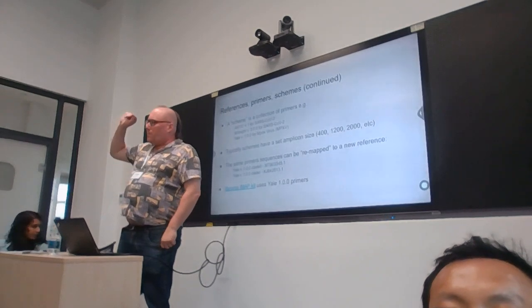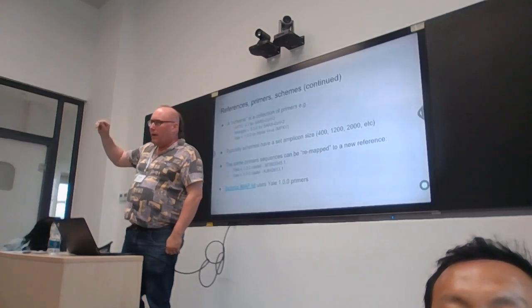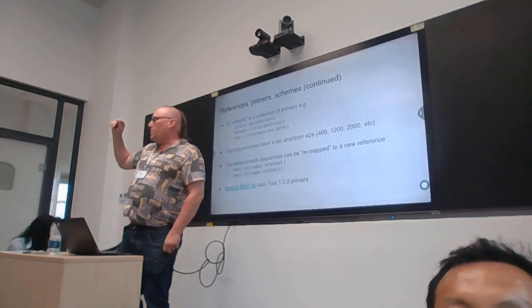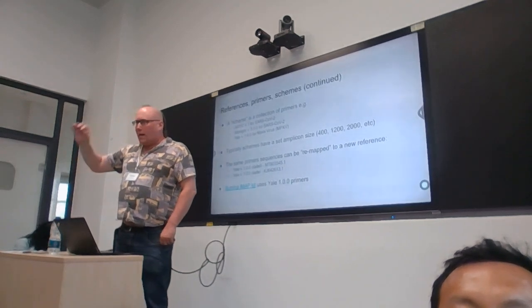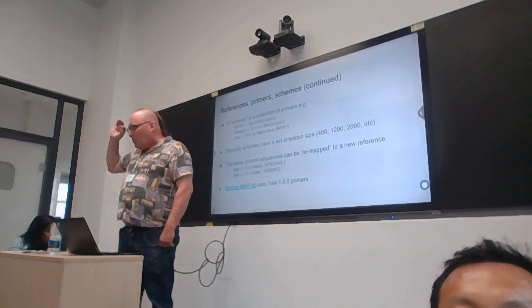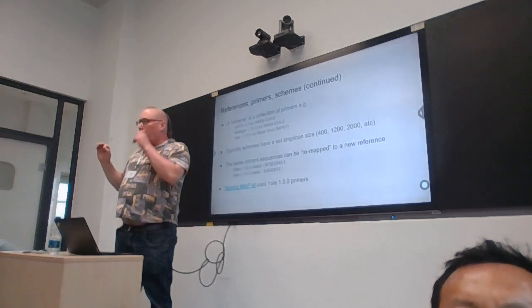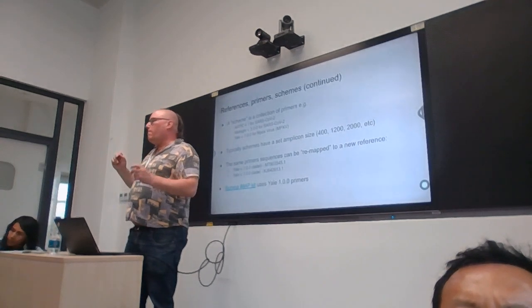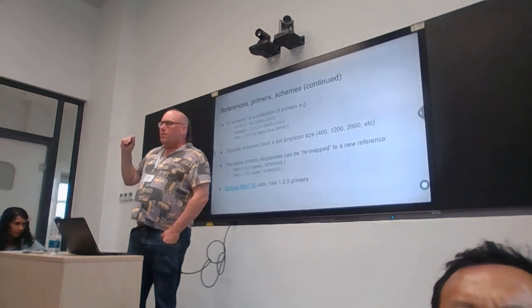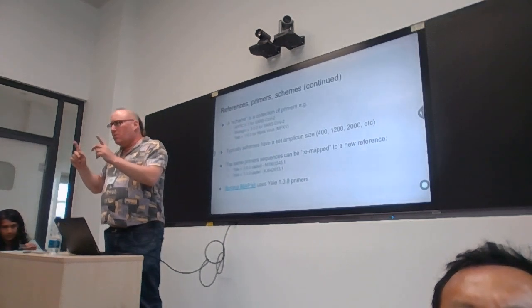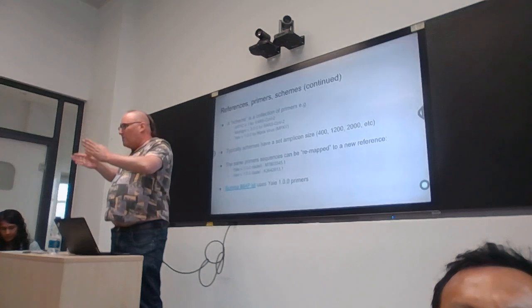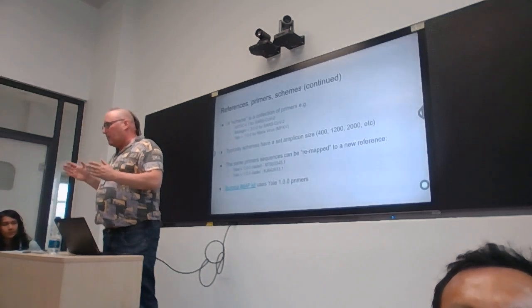We find that using the existing Yale version 1 primers, there are differences in a few dozen places. There are significant differences. And preliminary results suggest that in about 19 different amplification tiles, amplicons, the virus is not amplified properly by these primers.